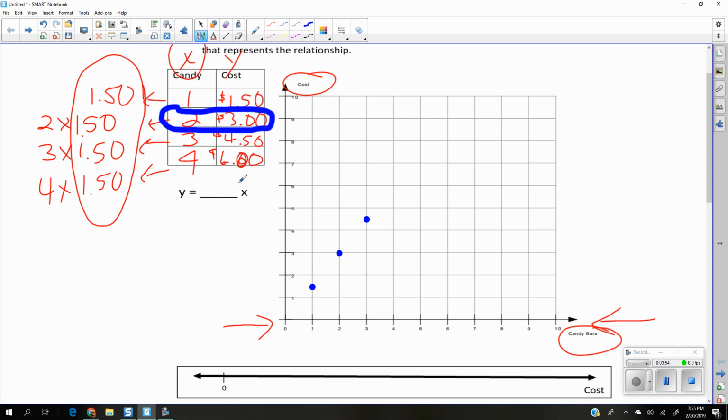And finally, 4 candy bars cost $6. Now, do you notice anything? What you should have noticed is that it created a line, and that goes straight through all of the points.